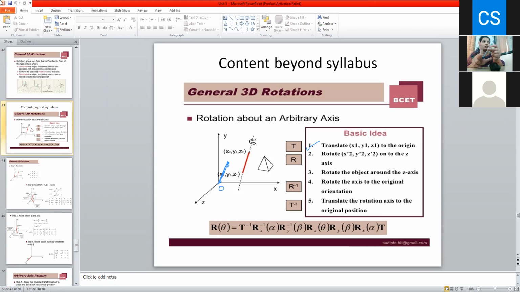So only one end of the pen is passing through the origin, that is x1, y1, z1 has become 0, 0, 0. But x2, y2, z2, the second end is still in space. Now it is okay?